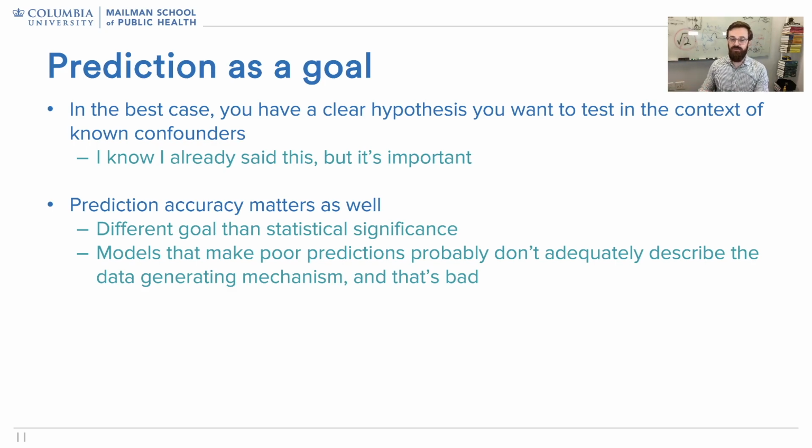Separately from all of that, separately from whether or not p-values are even the right thing to do in the first place, I want to point out that prediction accuracy matters as a goal separate from statistical inference or statistical significance.